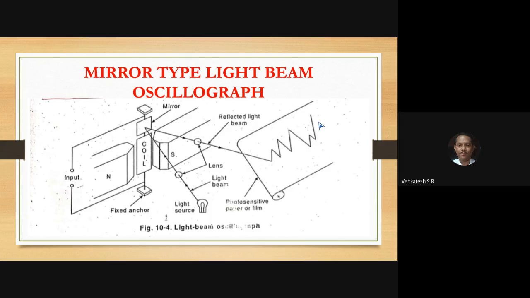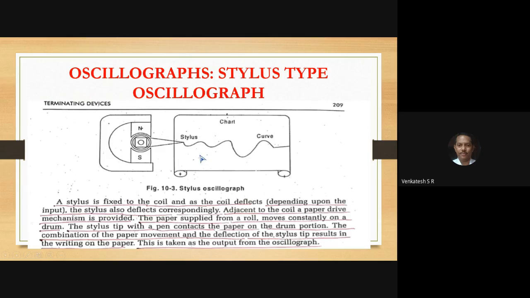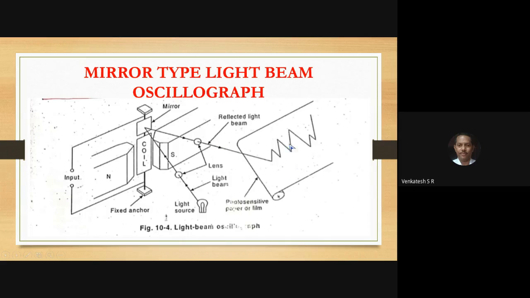In the first case, it is positive and you have the output in the form of a waveform on the chart or on the paper. In the same way, in the mirror type of light beam oscillograph, they are using photosensitive film or paper to measure the output of the vibration or earthquake.